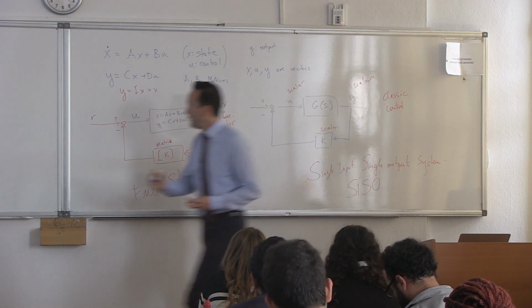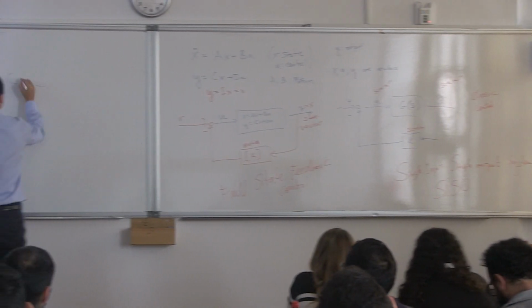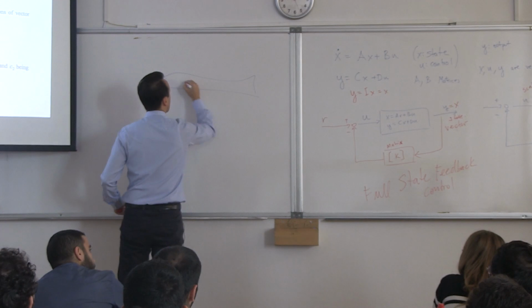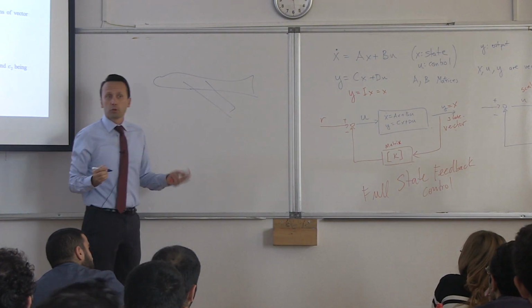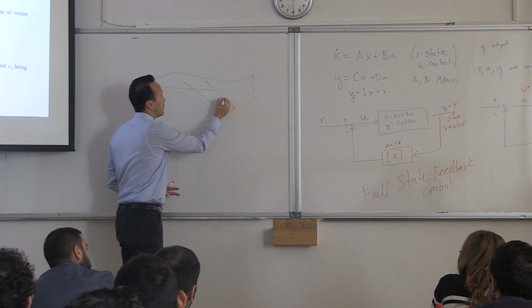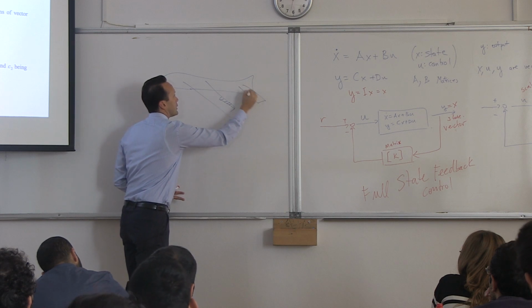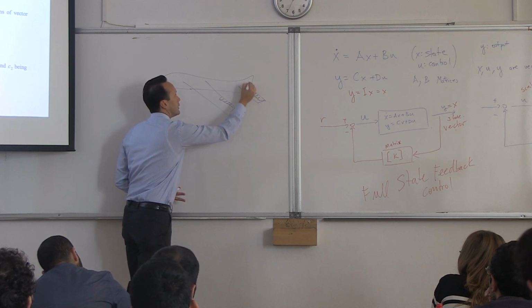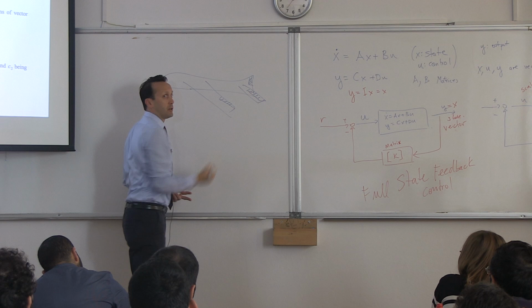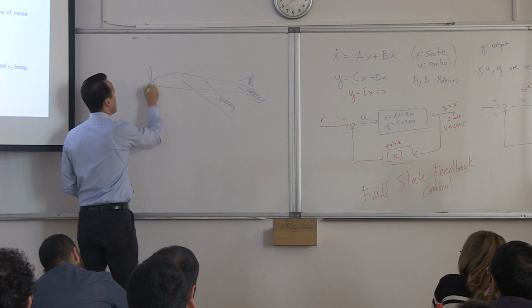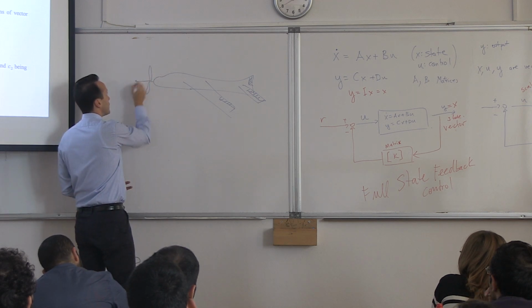In real life, let's say you have an airplane, and let's say you have controls on the airplane, say an aileron. Let's say you have an elevator here, and a rudder, and let's even say you have some sort of thrust.